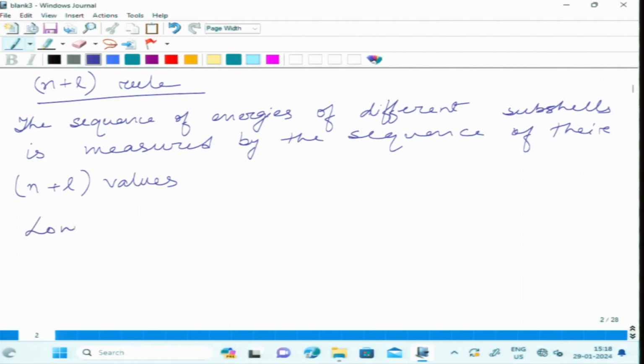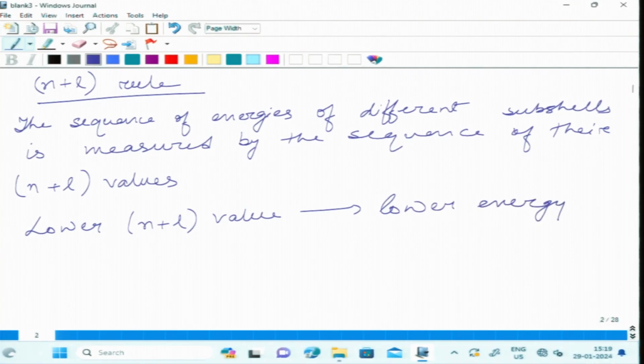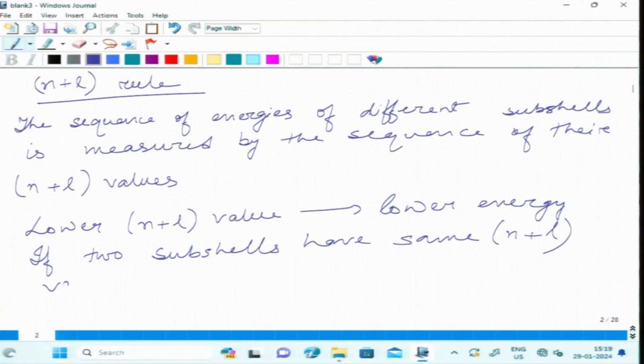So, lower n+L value will mean lower energy. Okay. And if two subshells have same n+L value, then we will consider the n, that is the principal quantum number.